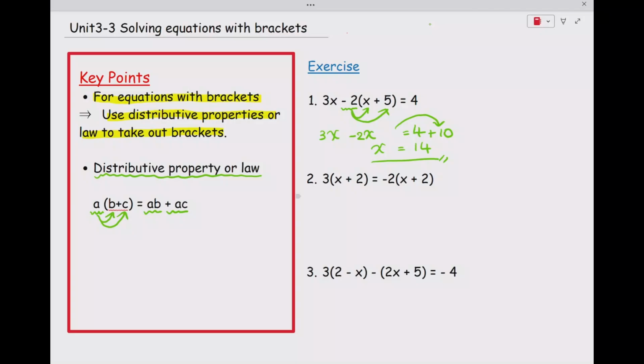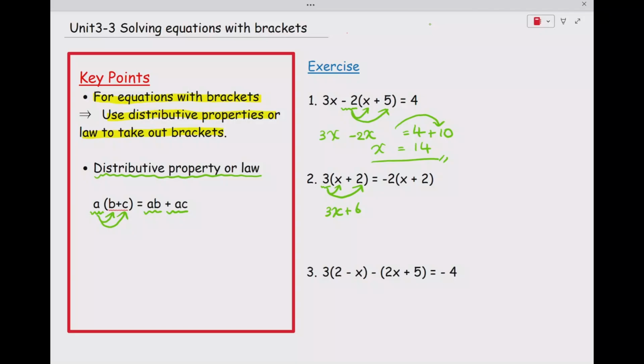In order to remove the brackets, you need to multiply the 3 outside the brackets onto everything inside brackets like this. So, first, 3 times x. Then you get 3x. And now multiply the 3 onto the plus 2. Then you get plus 6. Putting these two together, it becomes 3x plus 6.